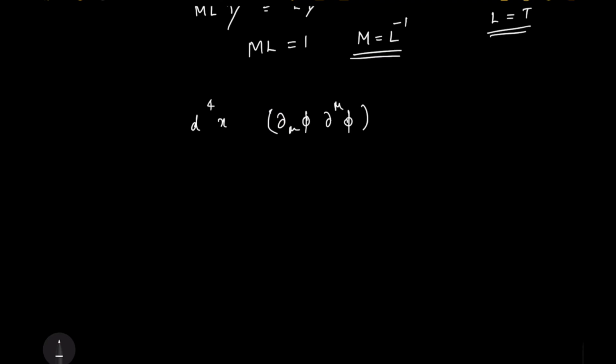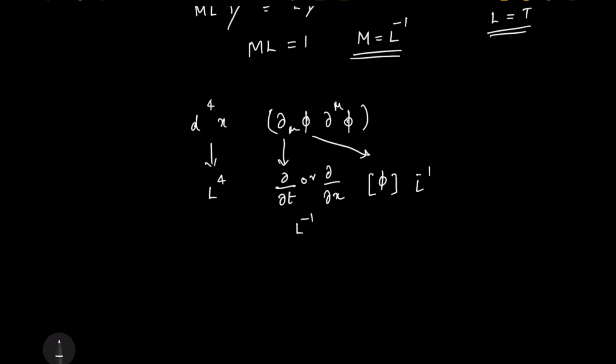So this has a dimension of L to the power 4, and del mu means the partial derivative with respect to time or x, so it will have inverse length. For the field phi, I don't know its dimension, so I have to find it, and again there is a partial, so again L inverse, then again phi. This must be dimensionless.